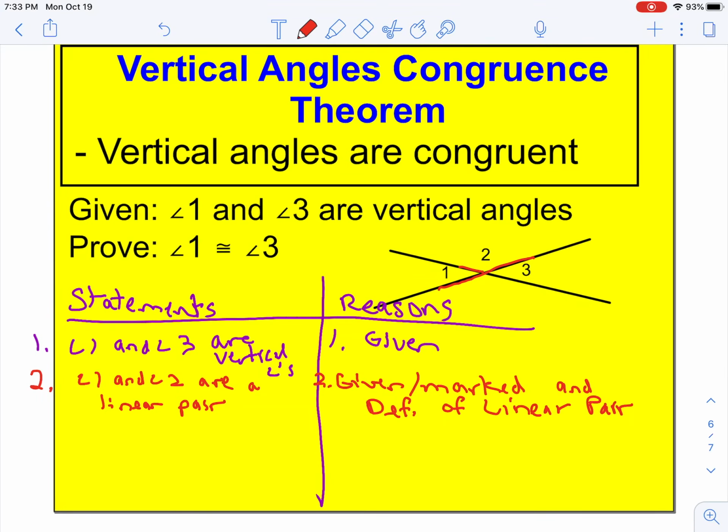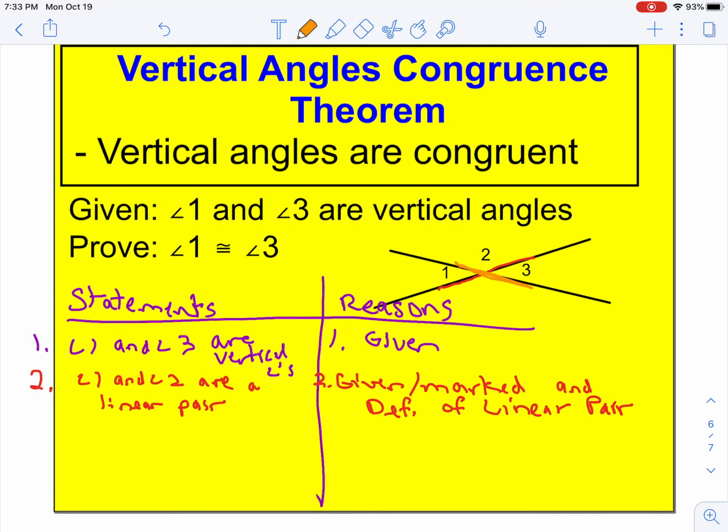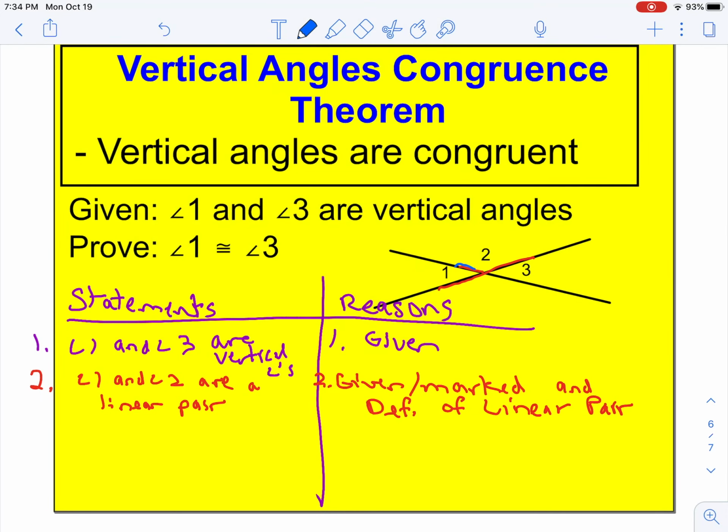Likewise, angle 2 and angle 3 also form a linear pair. Again, I'm using the same reason for both of those.